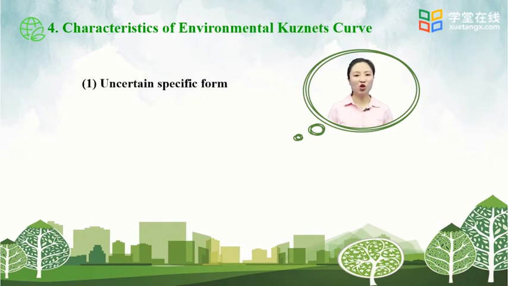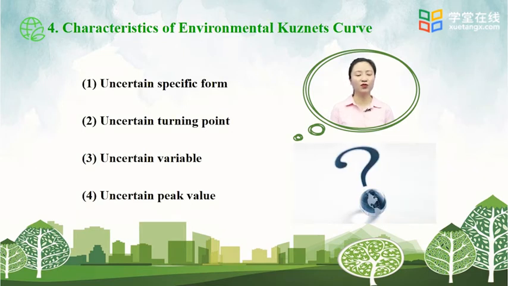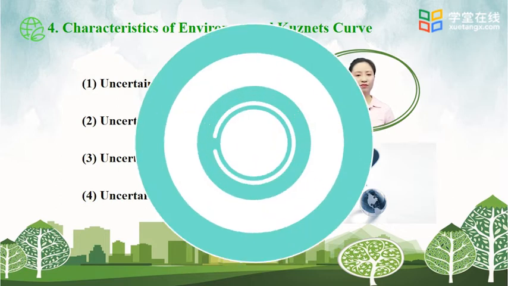Well, after the theoretical explanation of the environmental Kuznets curve, let's take a look at the characteristics of this curve. The EKC has four main characteristics, namely uncertain specific form, uncertain turning point, uncertain variable, and uncertain peak value.